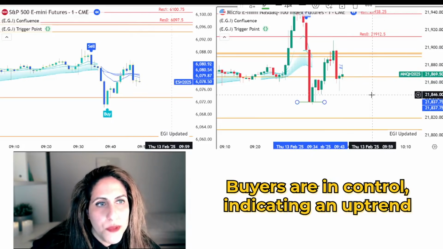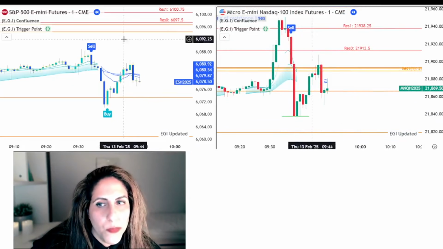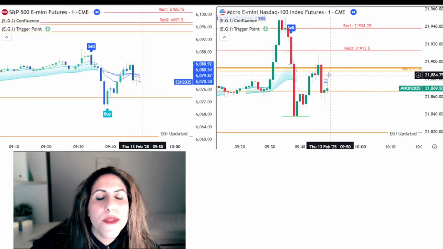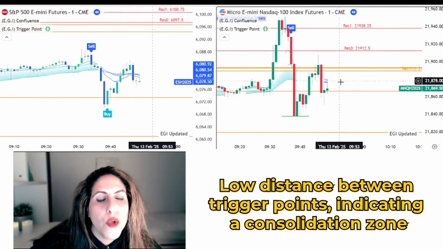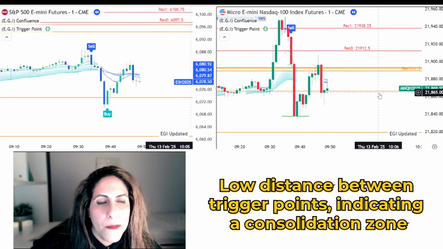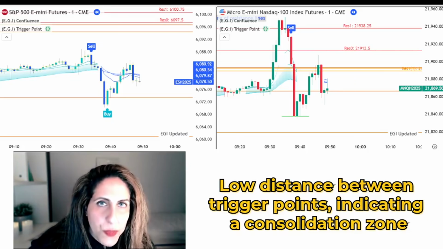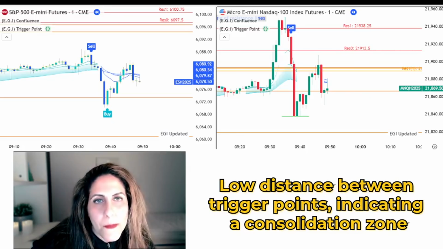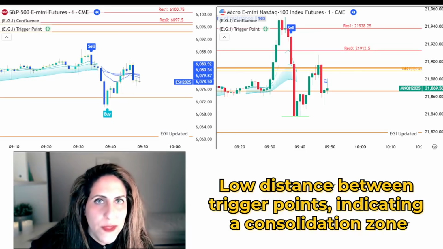Now, a very important point, guys. There are many trigger points here on NQ. Only a few on ES, but many trigger points here on NQ. This often indicates that the market is going to consolidate, moving between the levels. Okay, so the trigger points can also indicate ahead of time zones where the market is expected to consolidate.